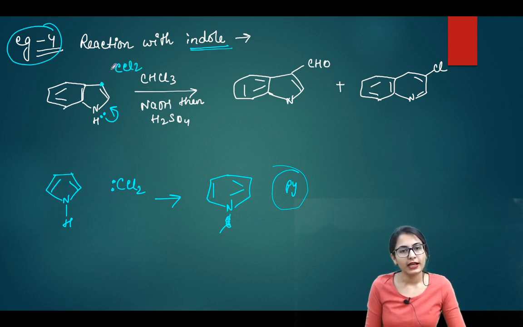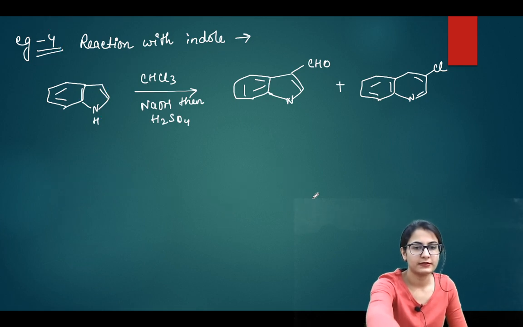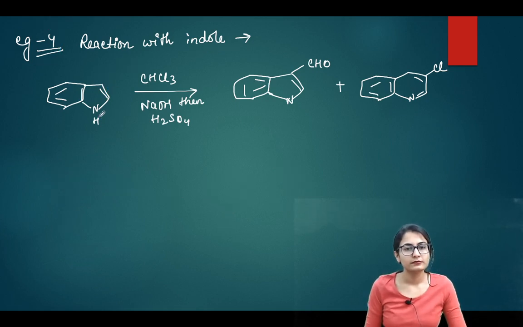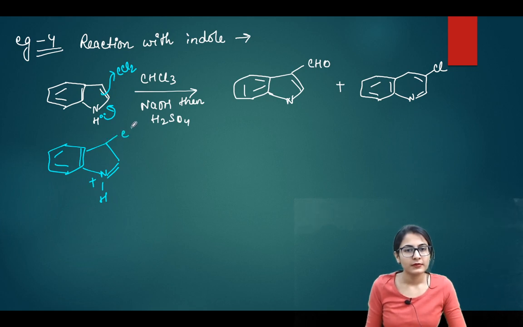So it's going to attack the carbene from here, and you get this intermediate. Let me just make some space. So we are generating this kind of an intermediate. There's a positive charge on nitrogen, and on CCl2 there will be a minus charge.